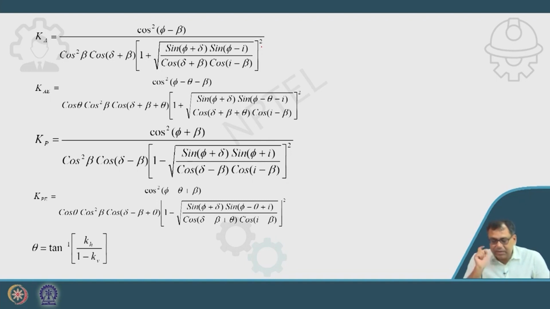Similarly, in the seismic case I will get a condition: if phi minus theta minus I is less than 0, then no real solution of Kae is possible.